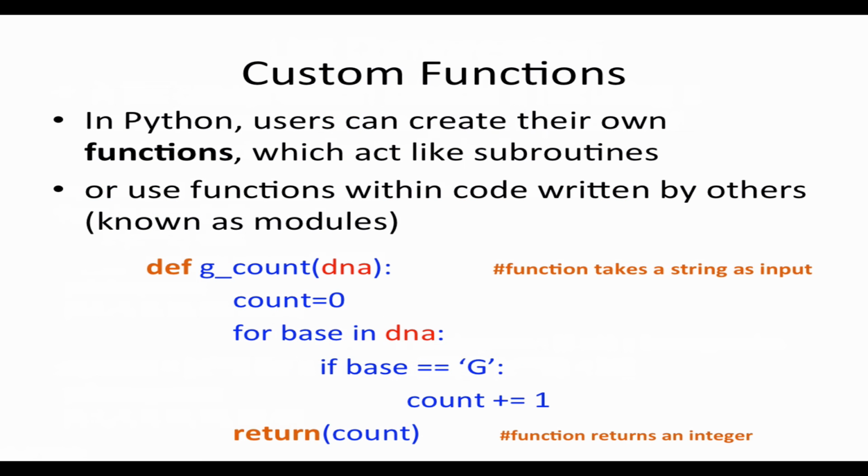All right, so I've trotted out a bunch of functions. The main reason I've done that explicitly is so that now I can teach you how to write your own functions, which act like subroutines, as I said before. Or you can use the functions written in code by others, which are mostly available as Python modules, some of which are already built into the Python that you've downloaded.